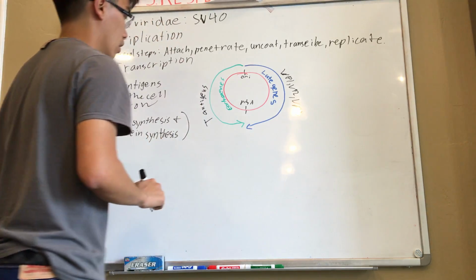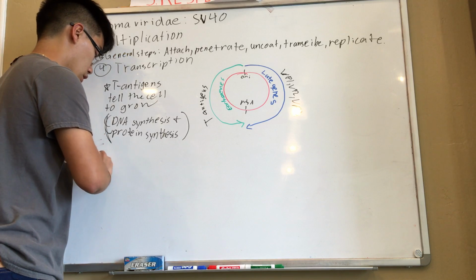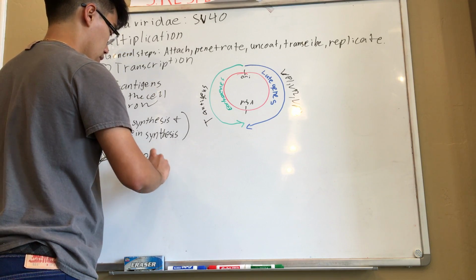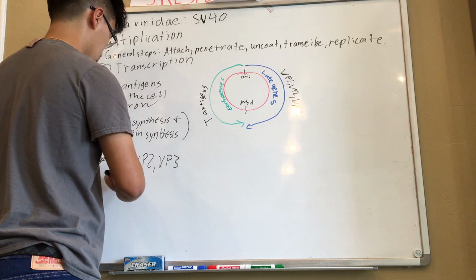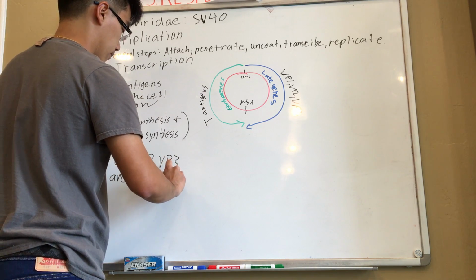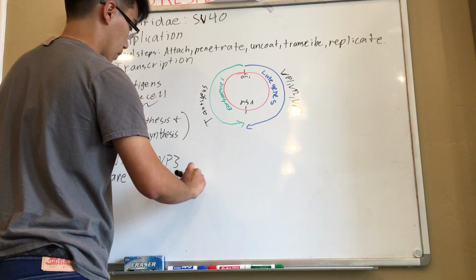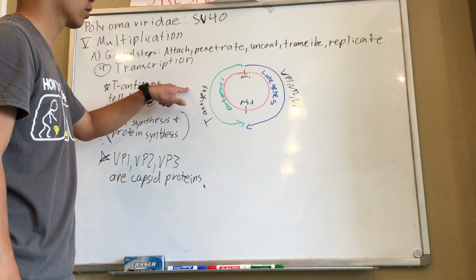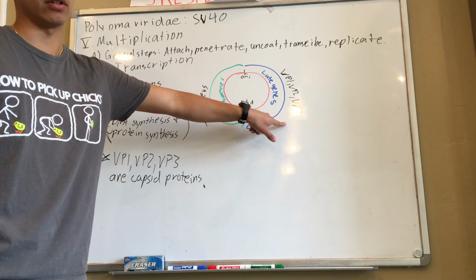Okay. Obviously, VP1, VP2, VP3 are capsid proteins. So it would make sense to make the T antigens first rather than the capsid proteins first.